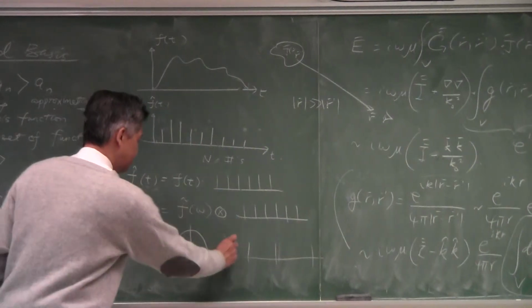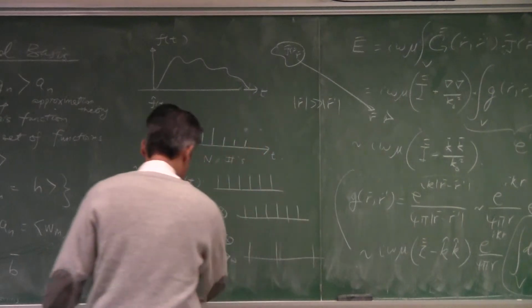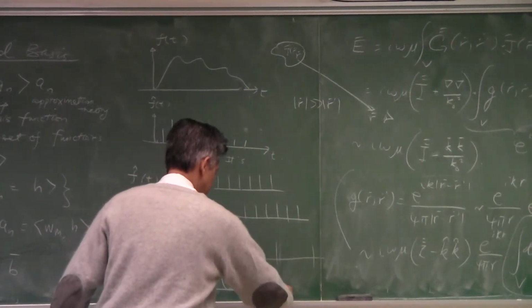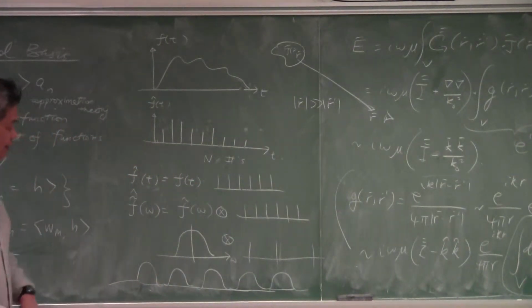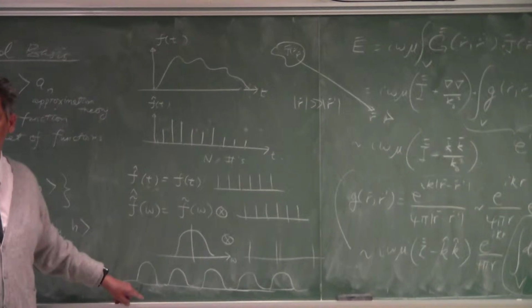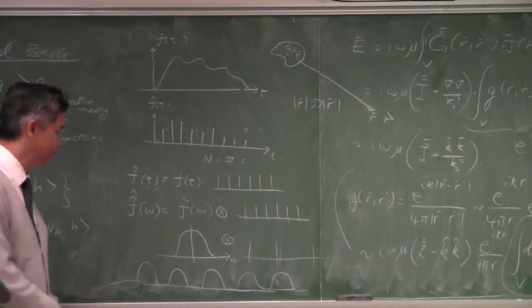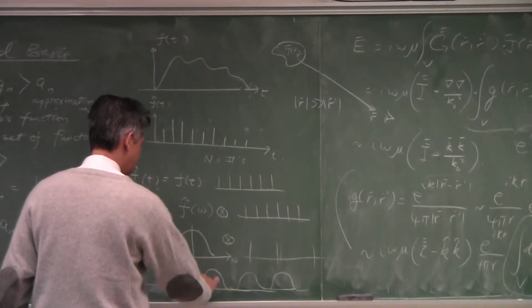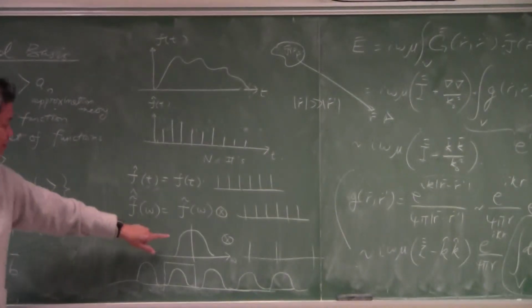So if you convolve with this, then what you have is a whole bunch of things like this, right? You convolve this, you get that. And if there's no overlap between these functions, if you window just one of them, you get a very good replica of the original function.